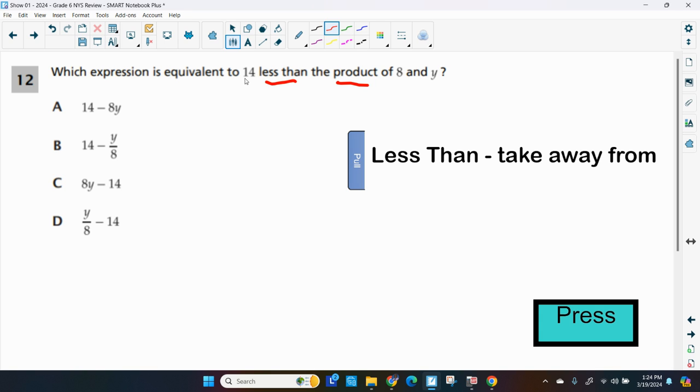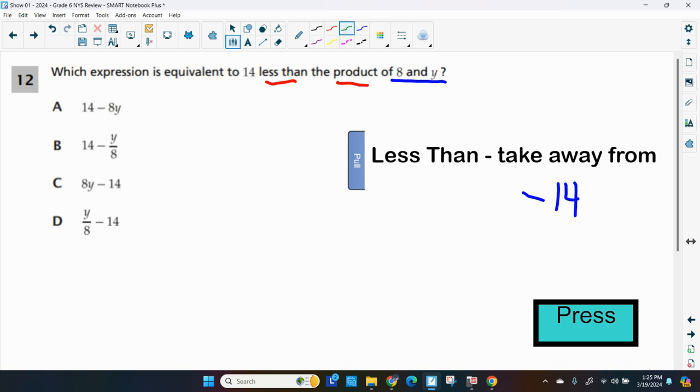So you're taking the number 14 away from something that's bigger, that goes in the front. So I'm going to write minus 14 because I'm taking away 14 from something that should be in front. Well, what's going to be in front? Product of 8 and y.